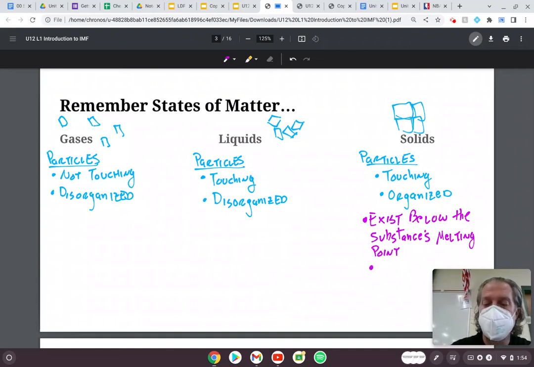For example, water's melting point is 0 degrees Celsius.